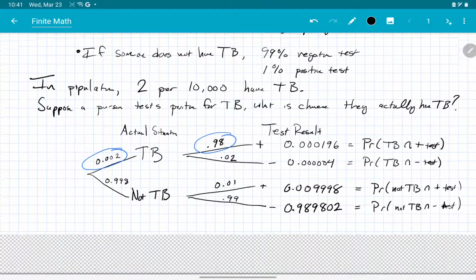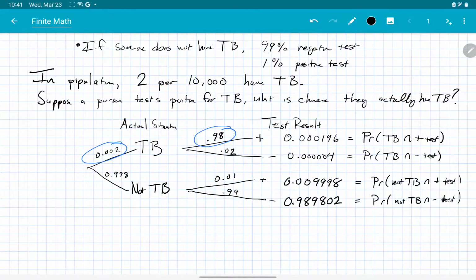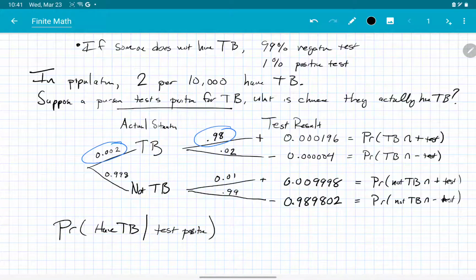So now we are told to calculate, suppose a person tests positive for TB, what is the chance they actually have TB? So we want to find the probability that they actually have TB given that they test positive. Okay, so this is conditional probability. To calculate that, we have to calculate the probability that they have TB and a positive test divided by the probability of that positive test.